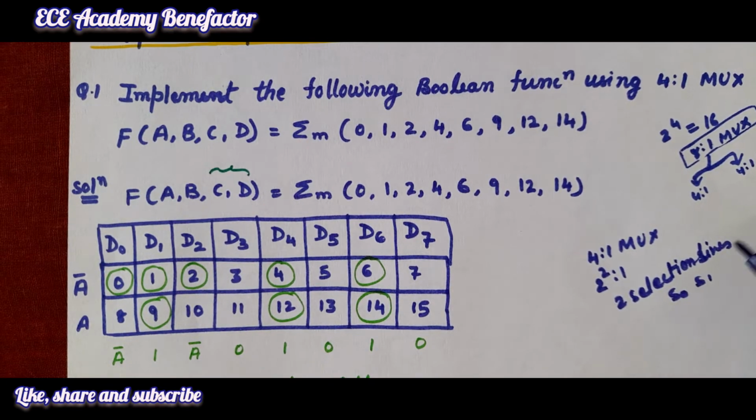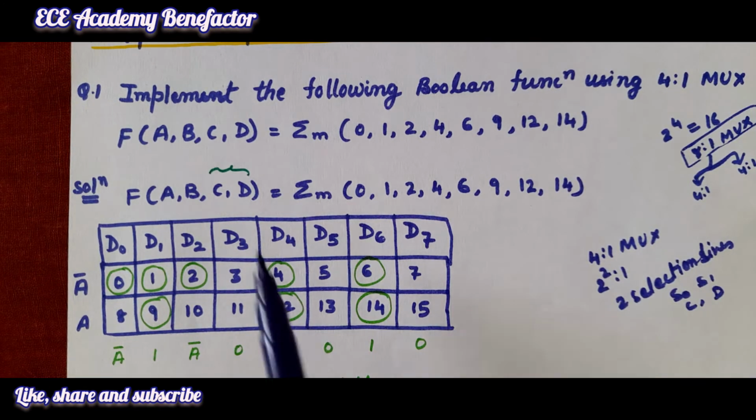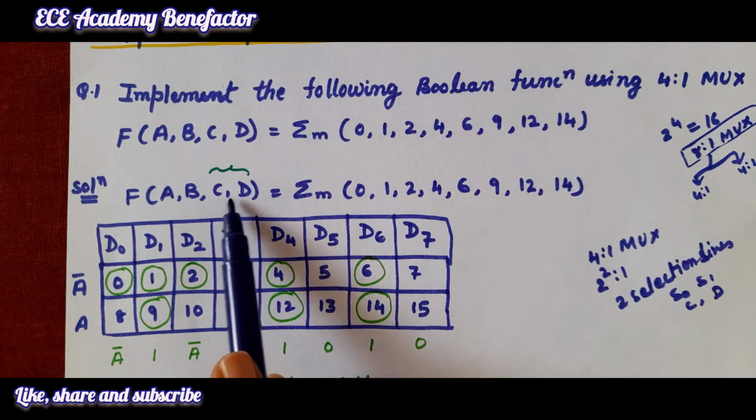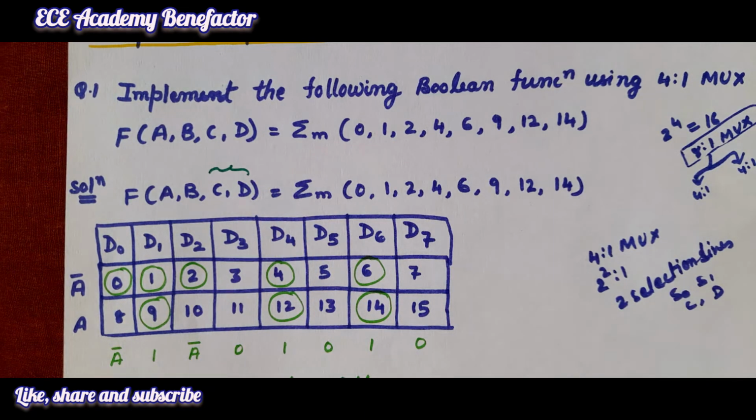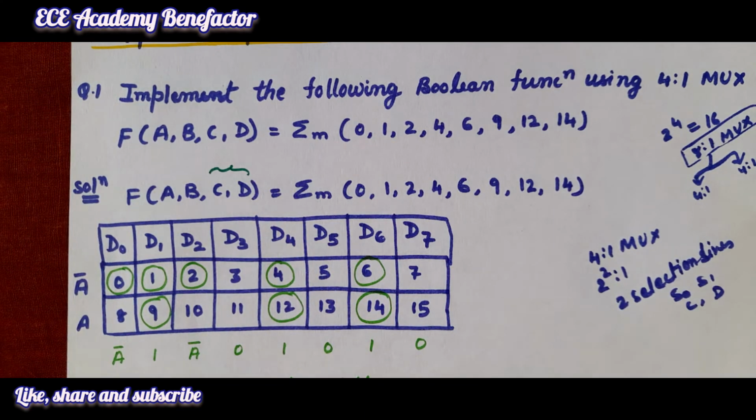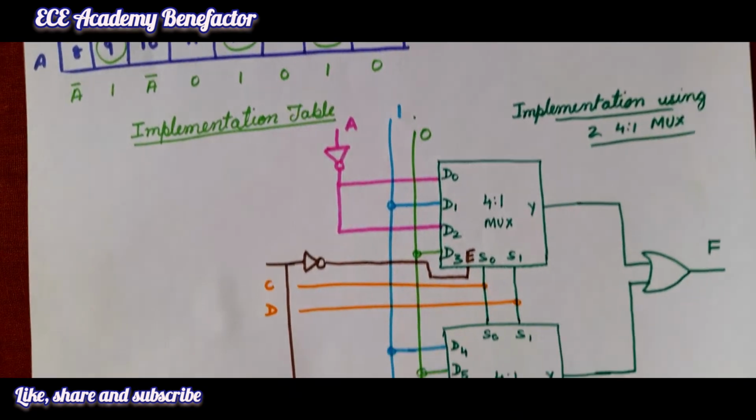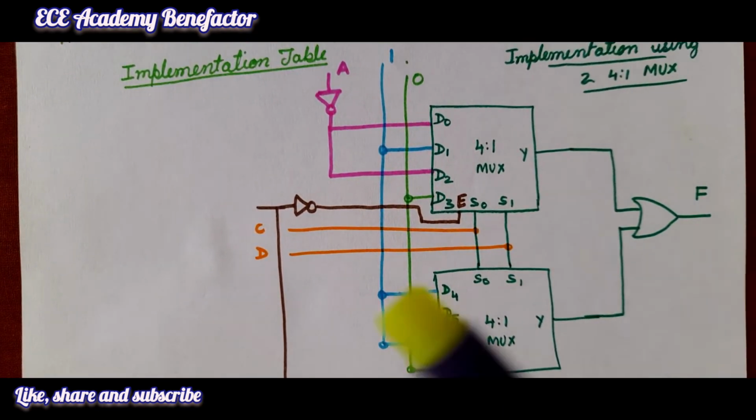So, S0 and S1 are connected to C and D. In this, the last 2 variables are taken as selection lines, because we need 2 select lines for 4:1 mux. So, this is how we have done.